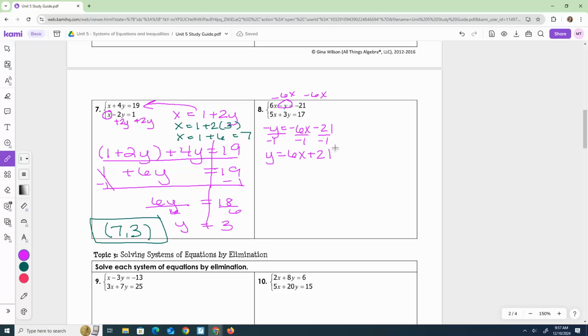Now I have to sub that into the second equation. Putting this into the second one. So my second equation is 5x plus 3 times y. So y is 6x plus 21 equals 17.